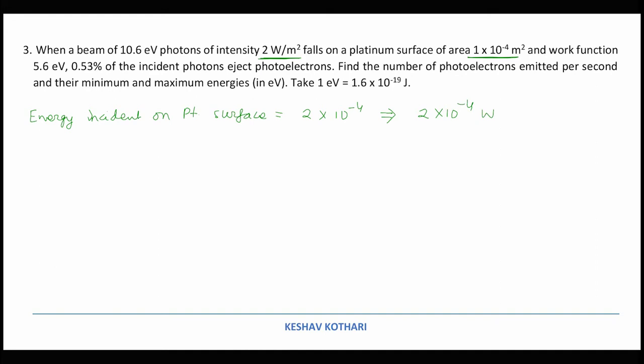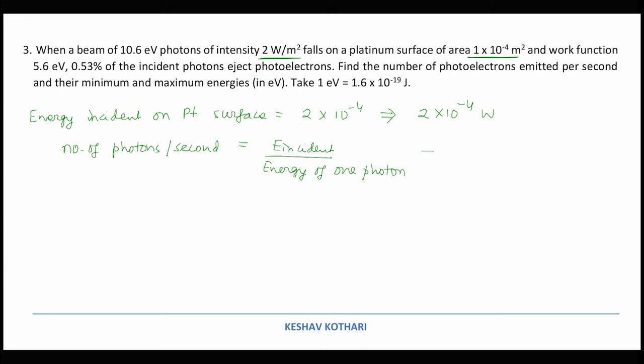Now the next one is a beam of 10.6 electron volt is used. So I can say that the number of photons striking per second can be calculated as the incident energy divided by the energy of one photon.